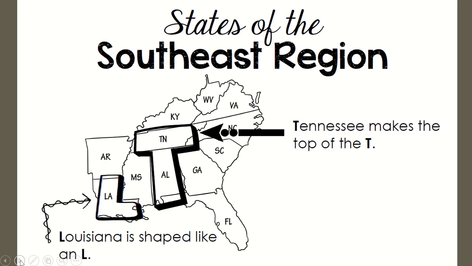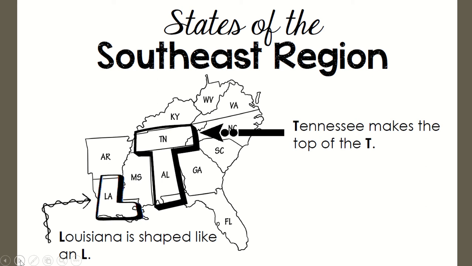It says States of the Southeast Region. And we're going to go over some hints and clues as to what you can do to remember where the states are located on the map. So the Southeast region includes Florida, where we live, and one of the states is Tennessee.